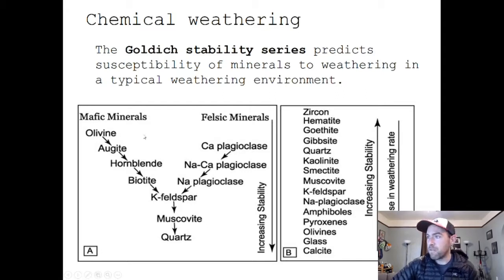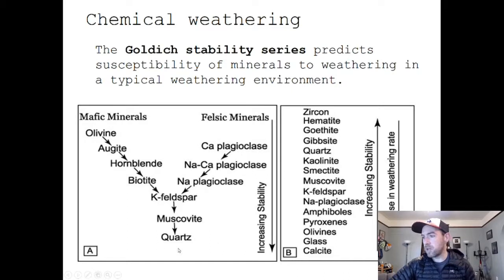That the more mafic minerals are the least stable, right? So the olivines, the augites, the hornblendes, biotites, the calcium plagioclases, the sodium plagioclases are more susceptible to chemical weathering than the potassium feldspars, the quartzes, and so forth, right?